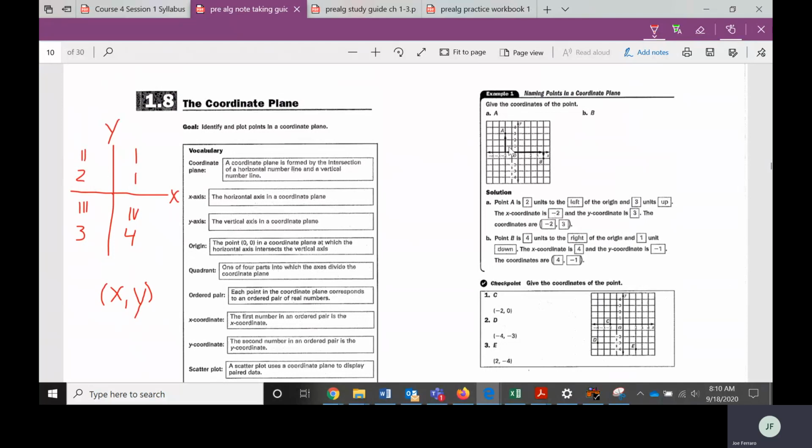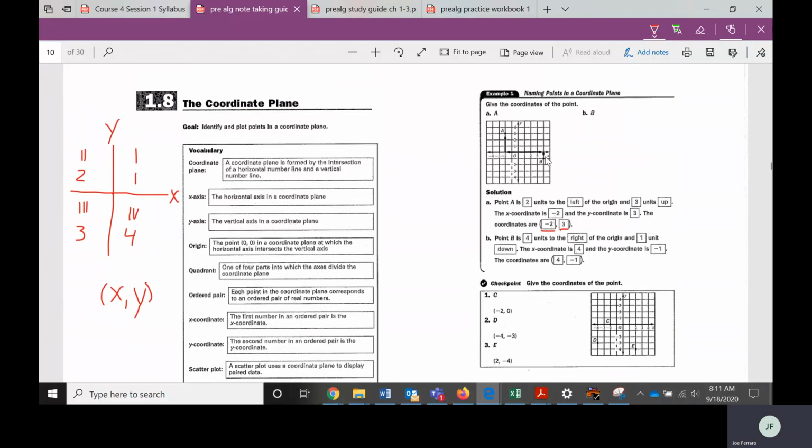So to get to point A, you have to go left 2. Left is represented with a -2, because you're to the left of the origin. Then you go up 3, so that's +3. So letter A is the point -2, 3.